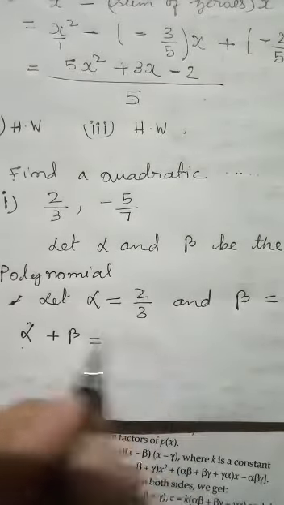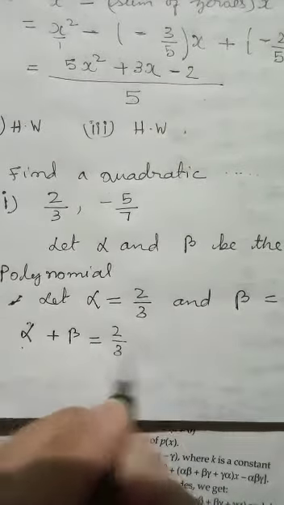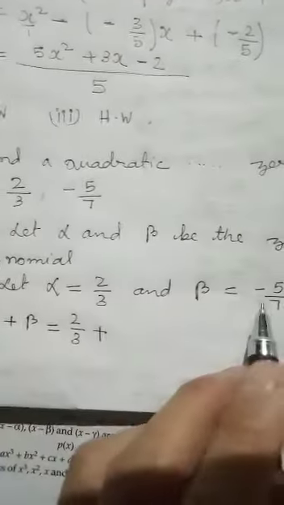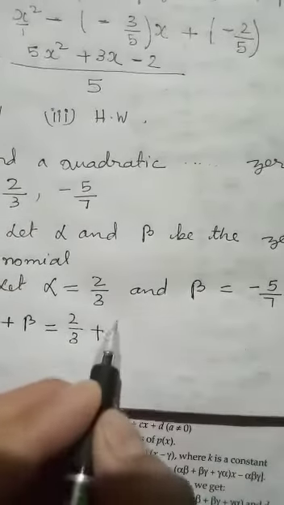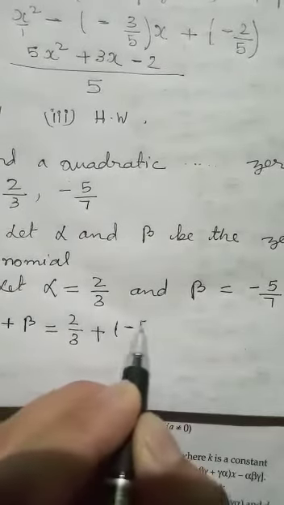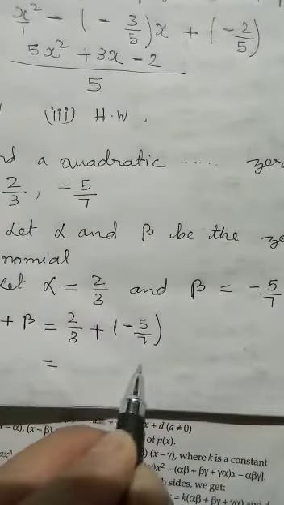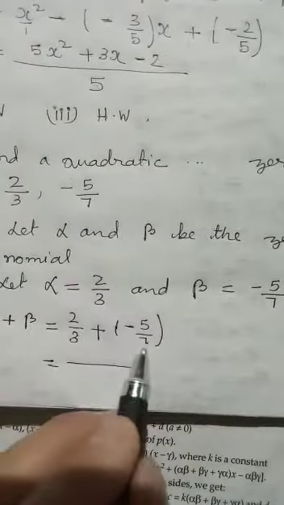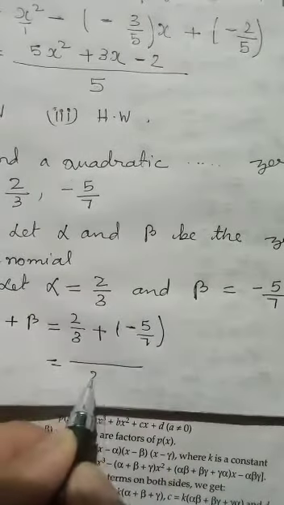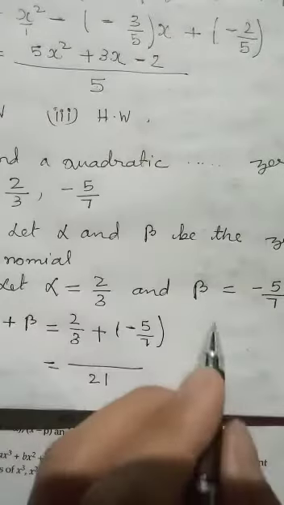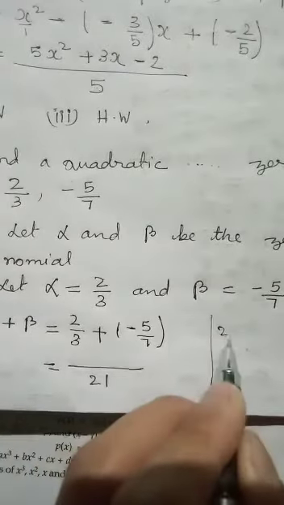Alpha we know is 2 by 3. Then plus beta. Beta we know is minus 5 by 7. So you have fractions. How to add? You have to find the LCM. LCM of 3 and 7 will be 21.